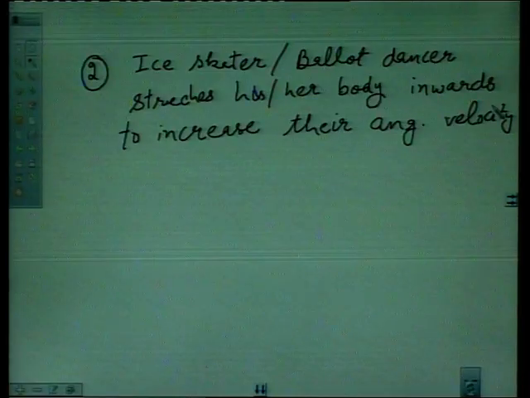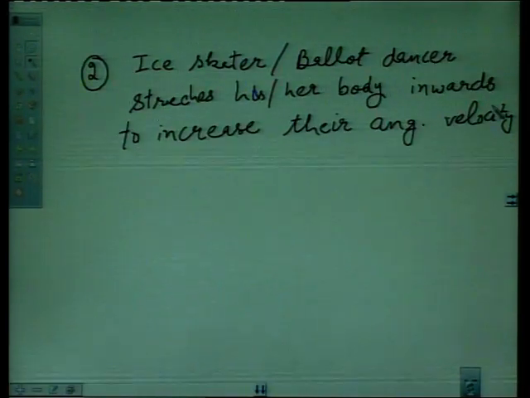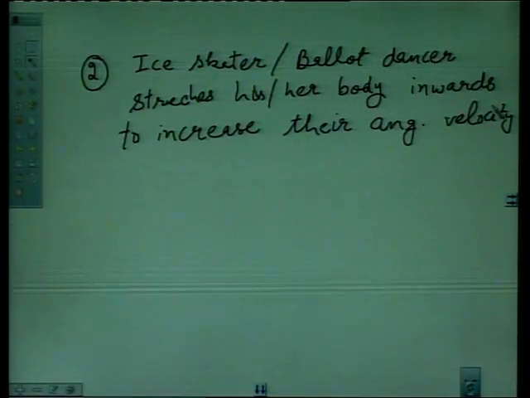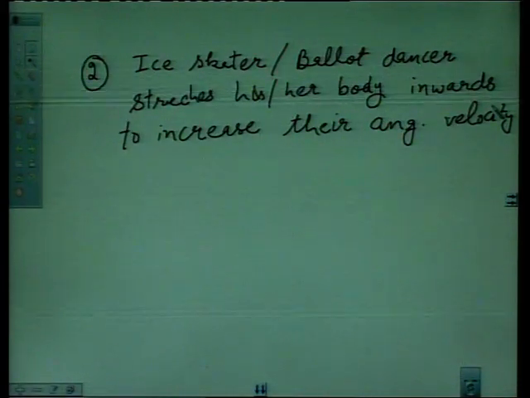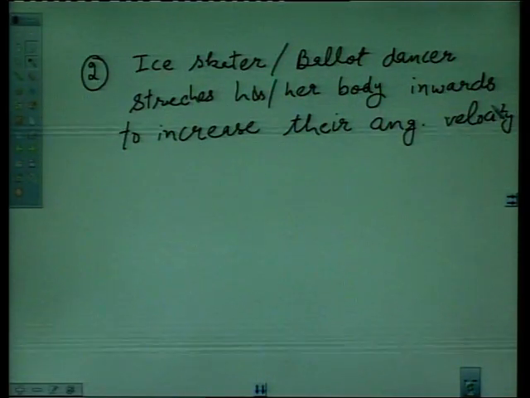So, if an ice skater or a ballet dancer has to increase their angular velocity, then he or she has to stretch his hands as well as legs in the inward direction.